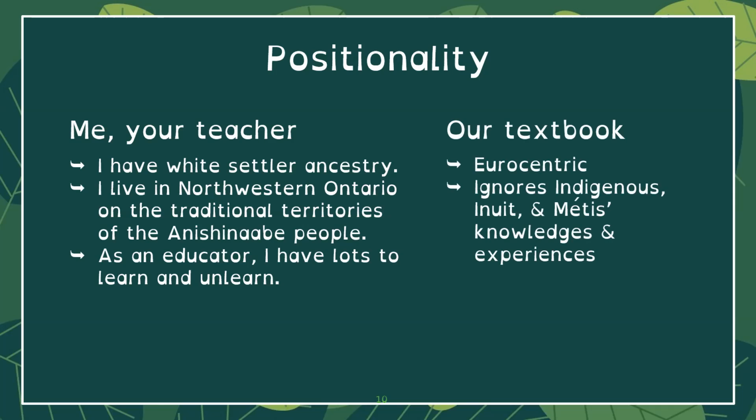This is problematic and really erases and ignores the experiences of Indigenous, Inuit, and Métis peoples, both their knowledges and experiences, and I would like to work towards changing that. However, I've not been able to find another resource that is more appropriate or inclusive, and I don't want to just settle for something that is equally dismissive. So it's something I'll continue to work on. If folks have any suggestions, again, I will happily welcome that.